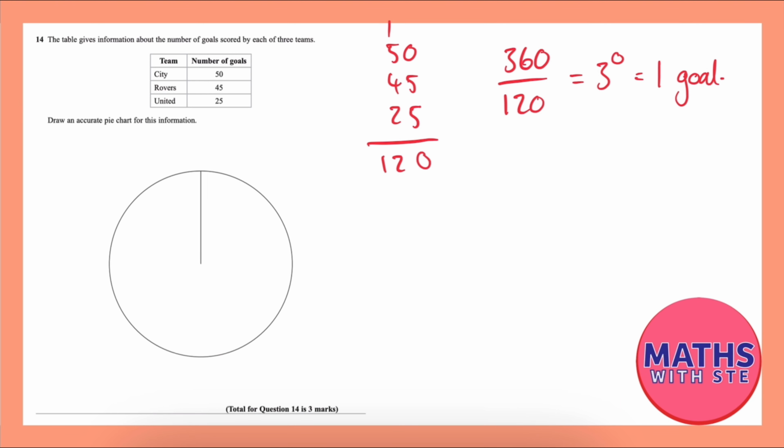So let's just work out what each one will be now. If I do 50 times 3, I can say that City will equal 50 times 3, which equals 150 degrees. I'll go through the rest of it first, and then we'll start trying to do a rough sketch of where it would be.